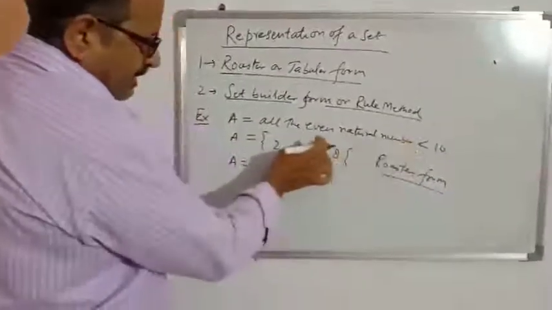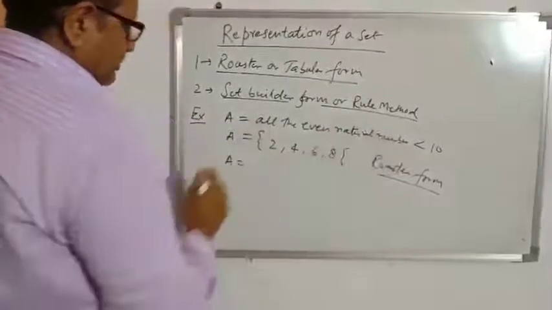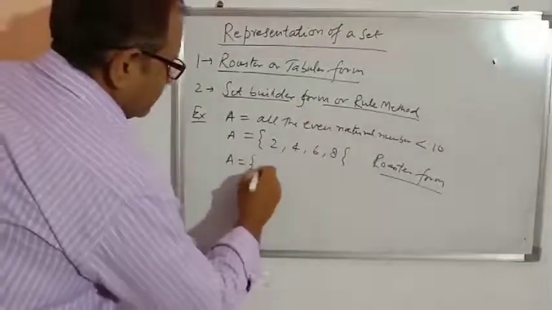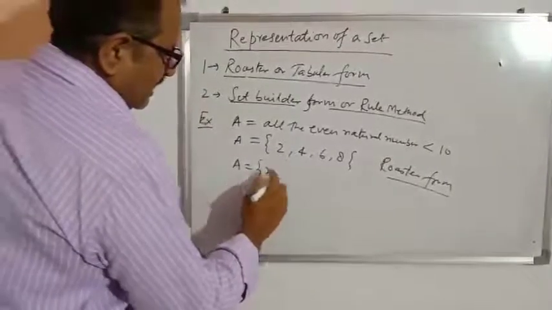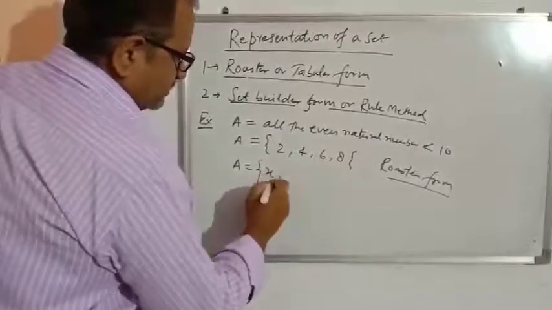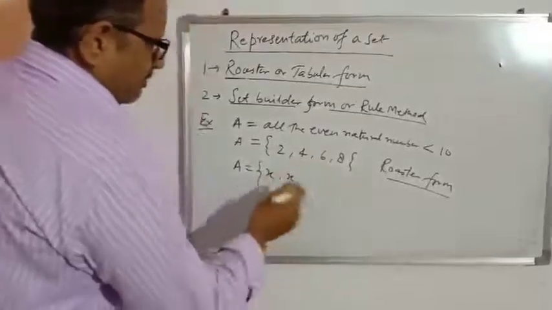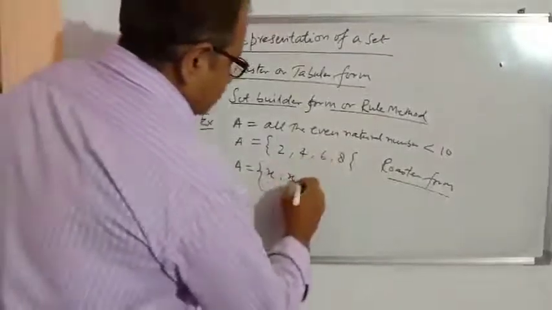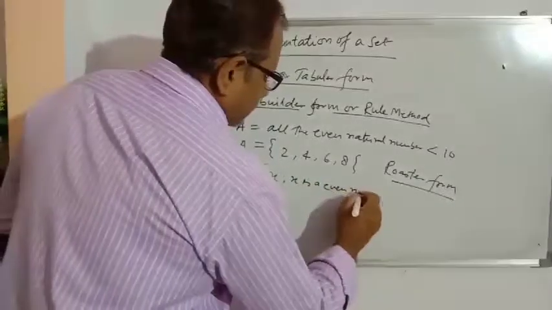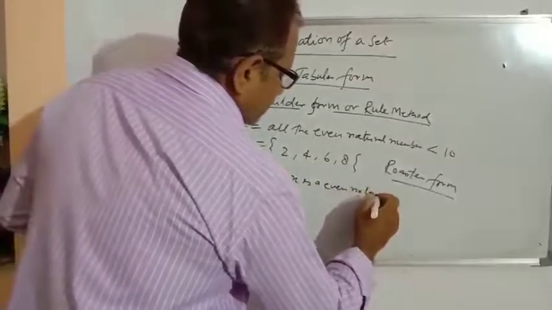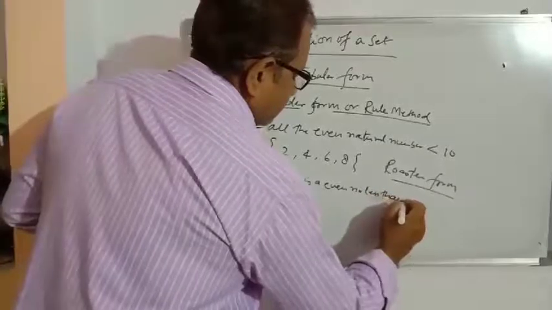All the elements are even natural numbers. So we will write it. We are using here the variable x such that, and write the common property of all the elements. x is an even number less than 10.